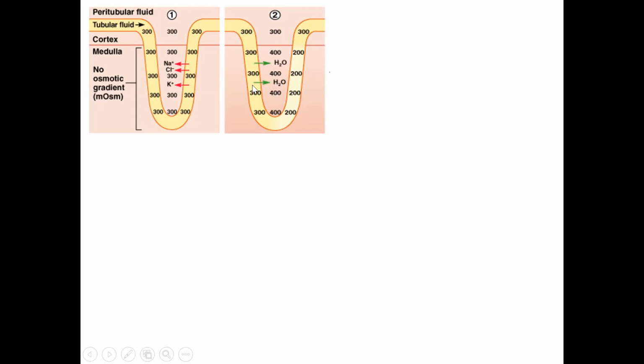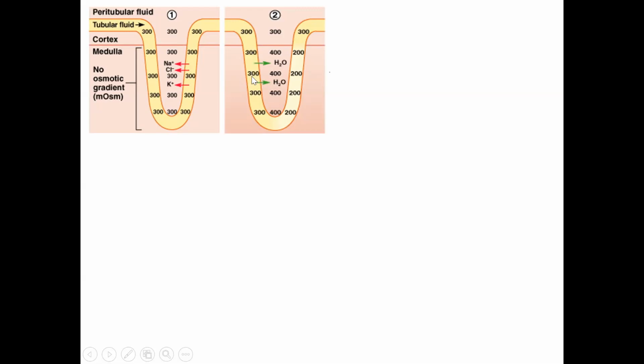Of course, this side will have more water than this side, right? This is less concentrated. That means more water in the descending part than the outside. See this concentration difference?